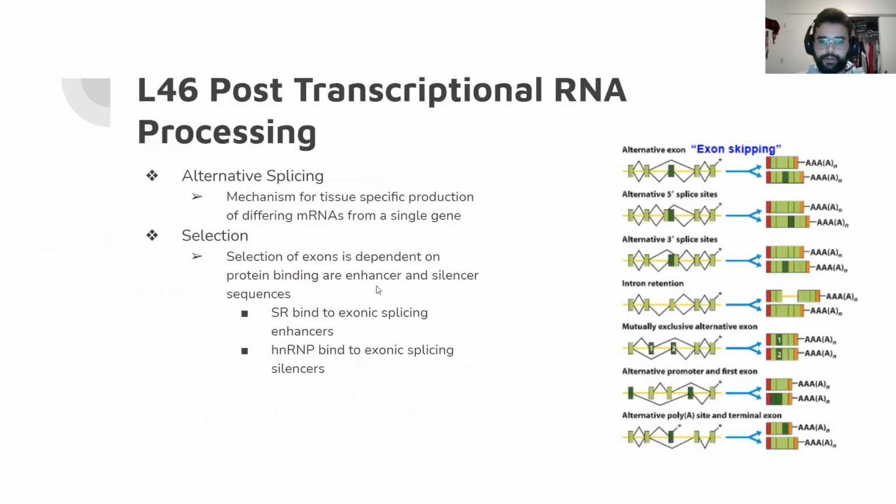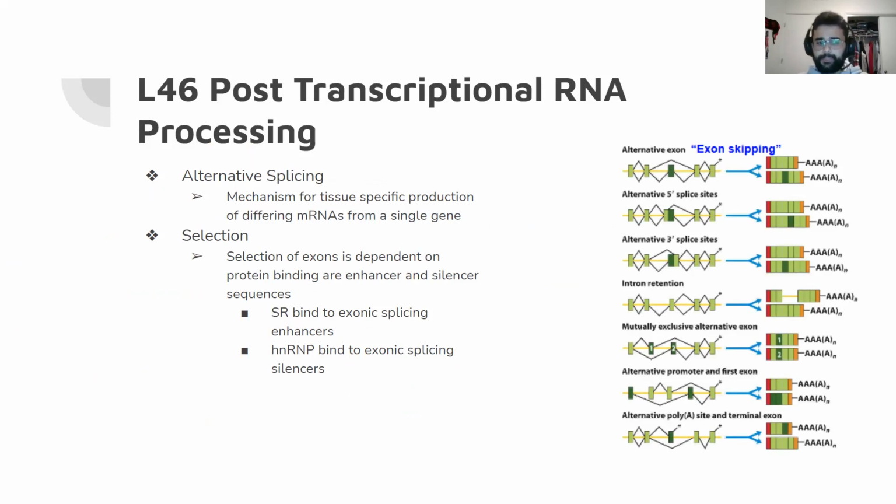So an important thing for RNA processing is that we can have alternative splicing. These are mechanisms for tissue-specific production of different mRNAs. We can actually select the exons that we want, and we can rearrange them in different ways.